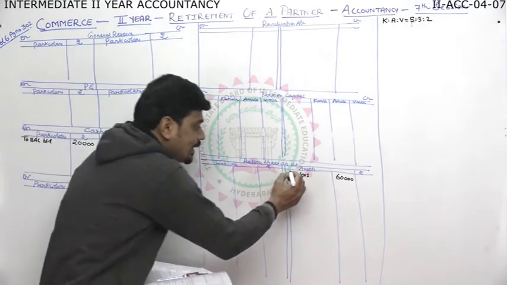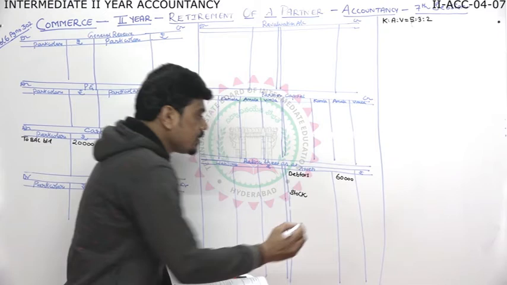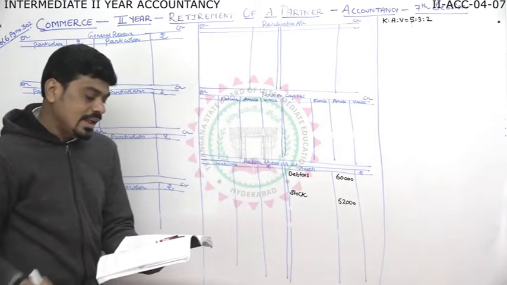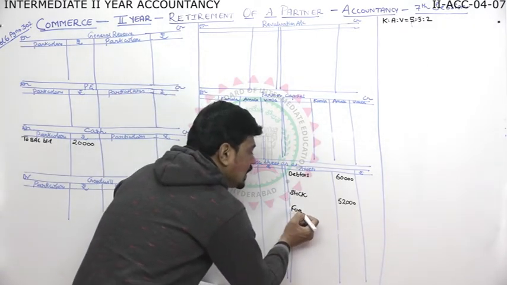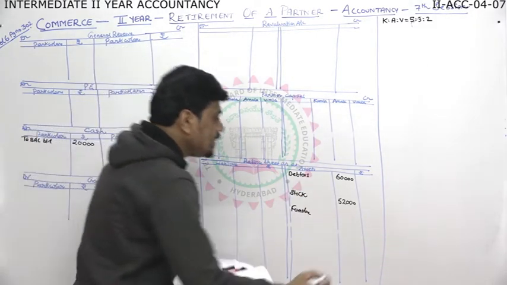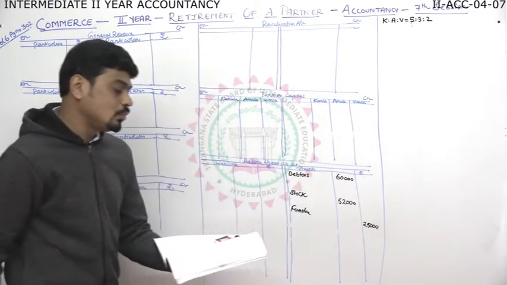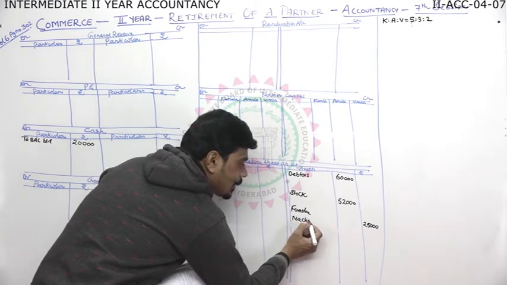Followed by stock, leaving some gap. Stock 52,000, inner column because there is an adjustment. Then furniture. Furniture is an asset without any adjustment, so I wrote directly in the amount column 25,000. Followed by machinery.